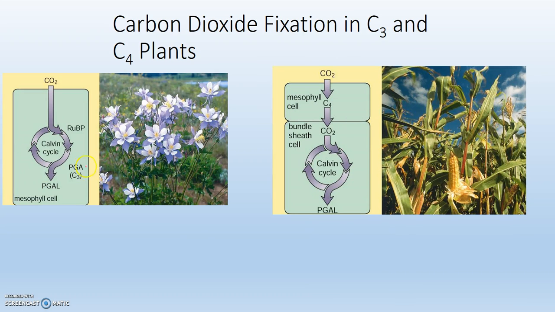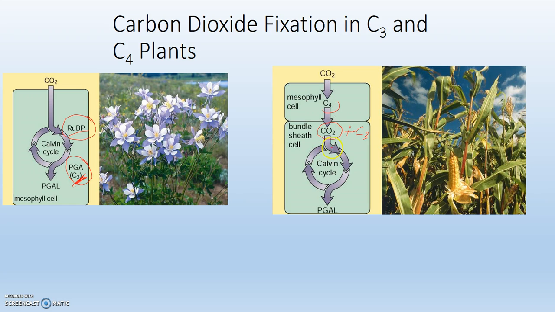So if you see here the C3 versus C4, in C3 the carbon dioxide is first being taken up by ribulose 1,5-bisphosphate, and you're getting a C3 compound, a phosphoglycerate, and that's why this is called a C3 plant. Here, the mesophyll cells grab carbon dioxide and form a C4 compound, which comes inside the bundle sheath and breaks down to carbon dioxide and a C3 compound.